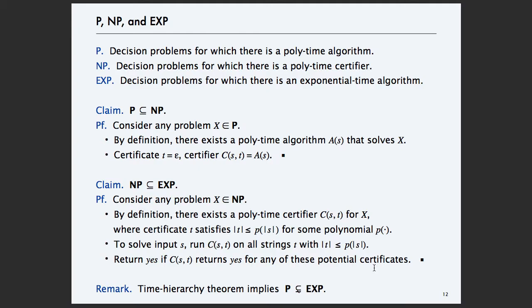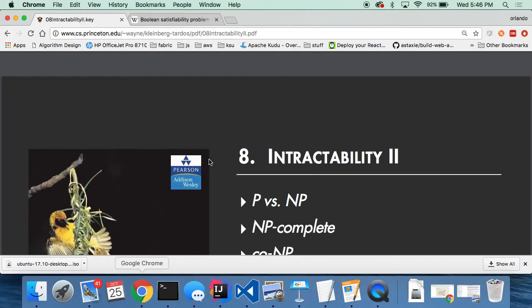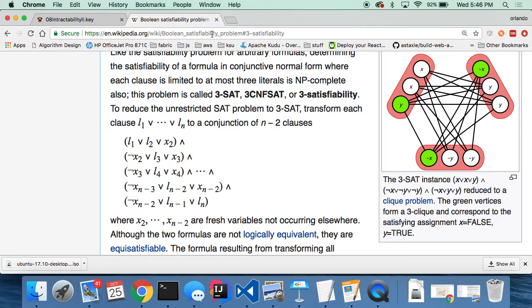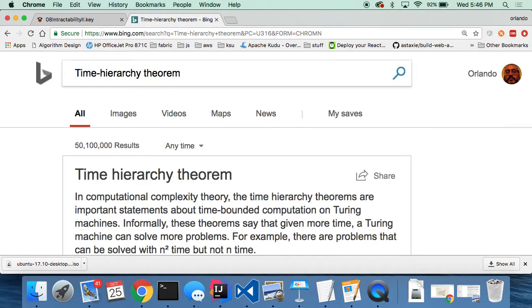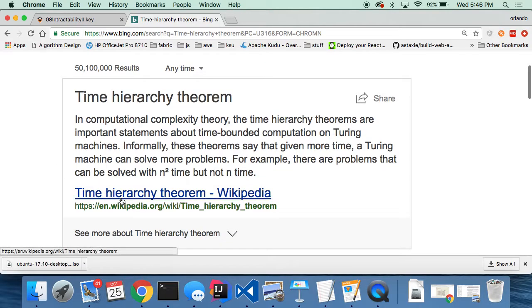It's a proper subset, right? Let's go verify that I'm not lying to you. So what's the difference between a subset and a proper subset? A subset allows for the possibility that the two sets are equal.